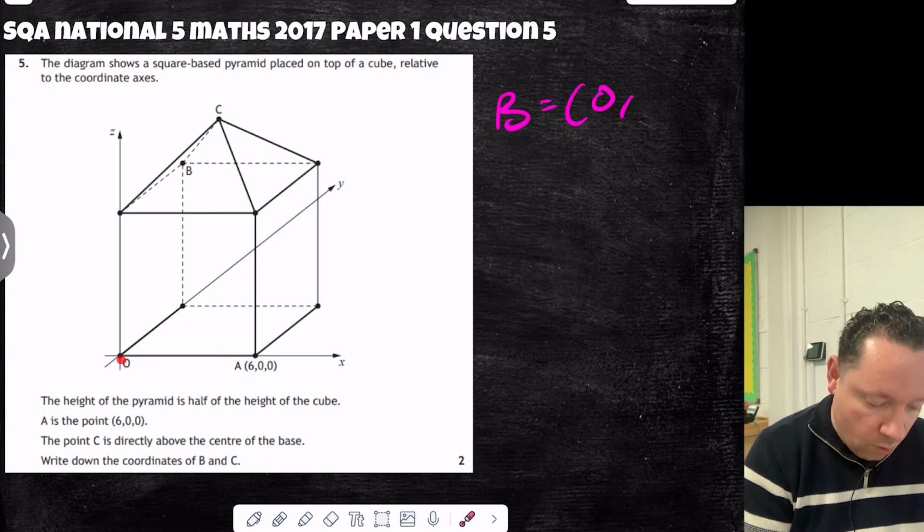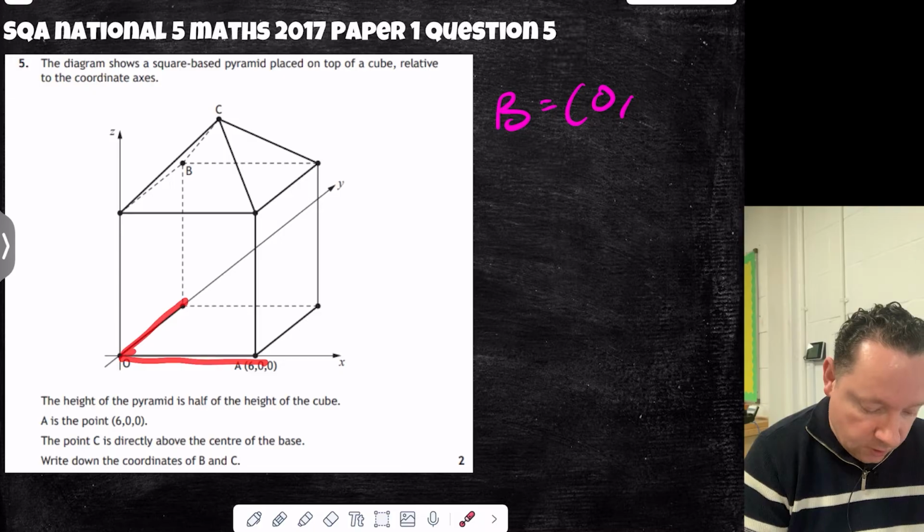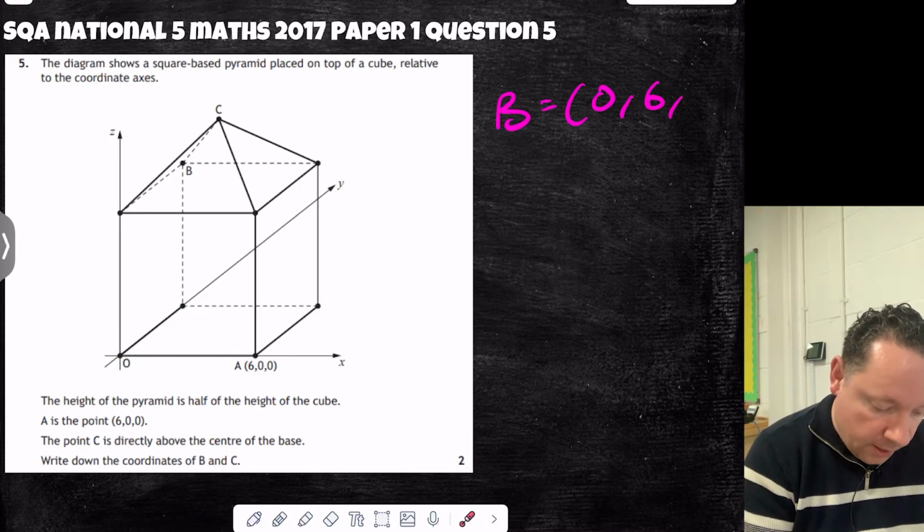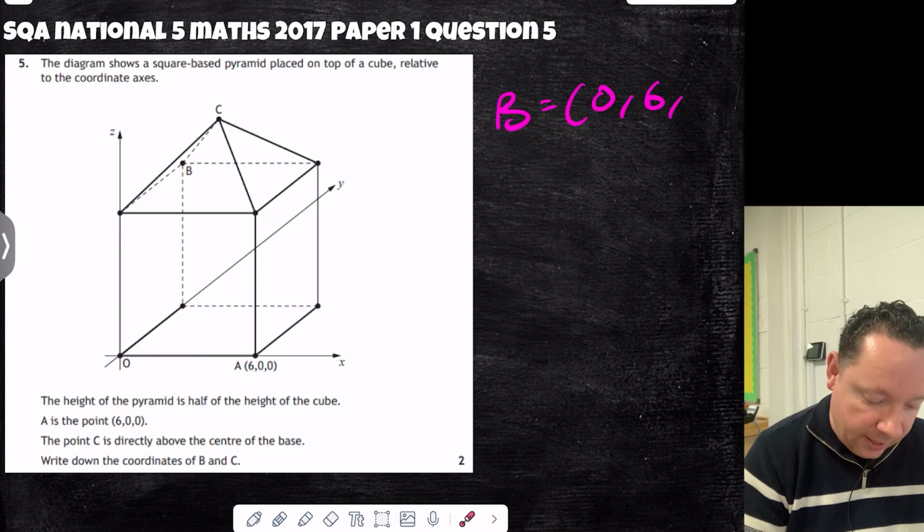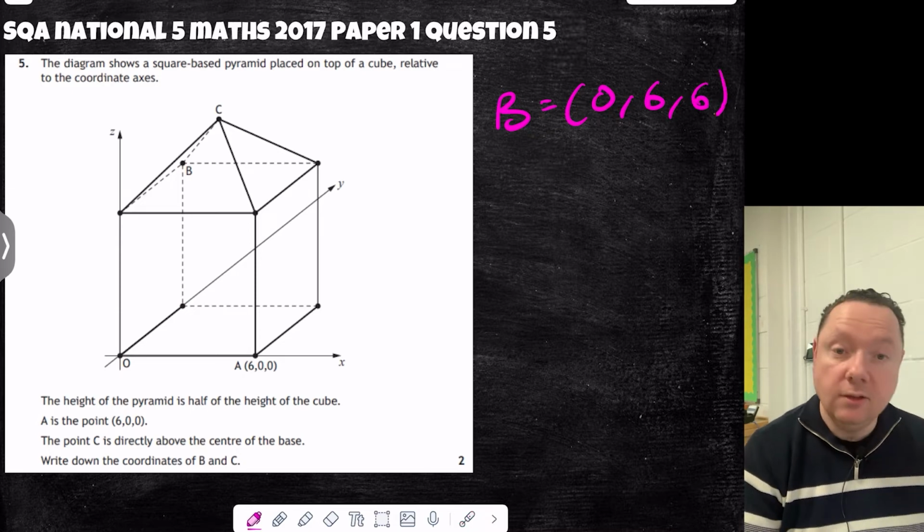I now need to go in here. Well, that distance there, obviously this is a square, remember. So the distance is the same all the way around, that's 6, so that's 6. So I've went in 6. And now once I'm there, I'm on the floor and I need to go all the way up the cube. Well, remember this is a cube, so all the sides are the same, so that's 6 again. So 6, 0, 6, 6 for B.